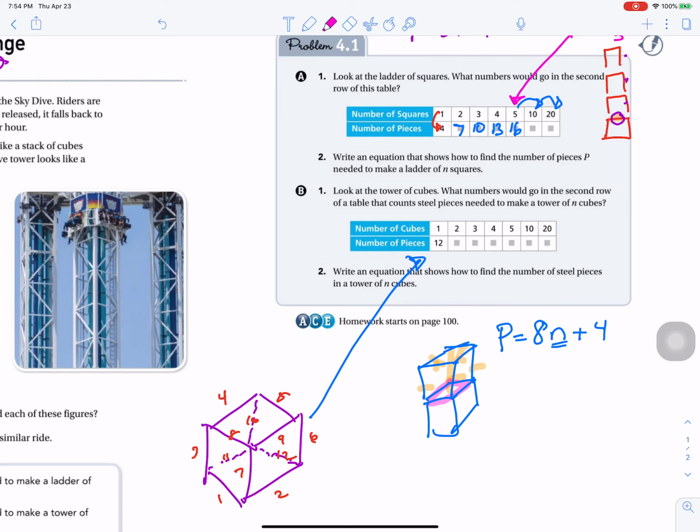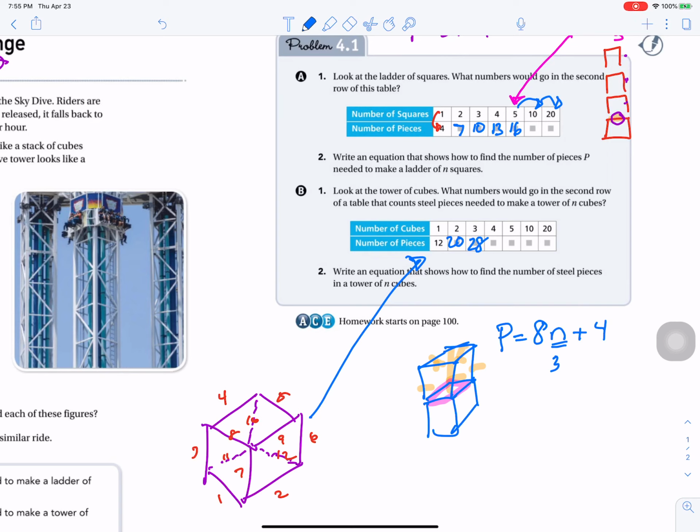In the first example, we only had 1 that was shared because it was two-dimensional, sorry. Now we're in 3 dimensions, and so we have all 4 of those squares. So every time we add a cube, we're always sharing at least those 4. So if we said 3 cubes, it would be 8 times 3 is 24 plus 4 is 28. So this would be 28. All right, 2 cubes would be 16 plus 4, which would be 20.